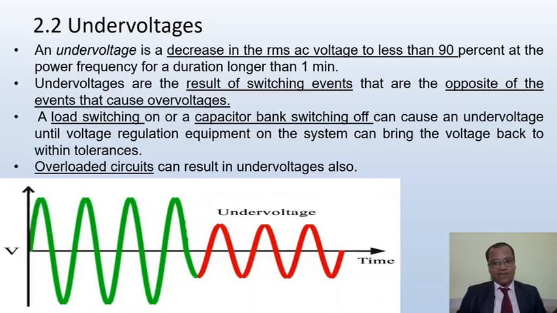Obviously, whatever the excess or deficit of voltage, it appears across the terminals of the rest of the equipment on the same system, and that equipment has to sustain that high or low voltage until voltage regulation equipment works.